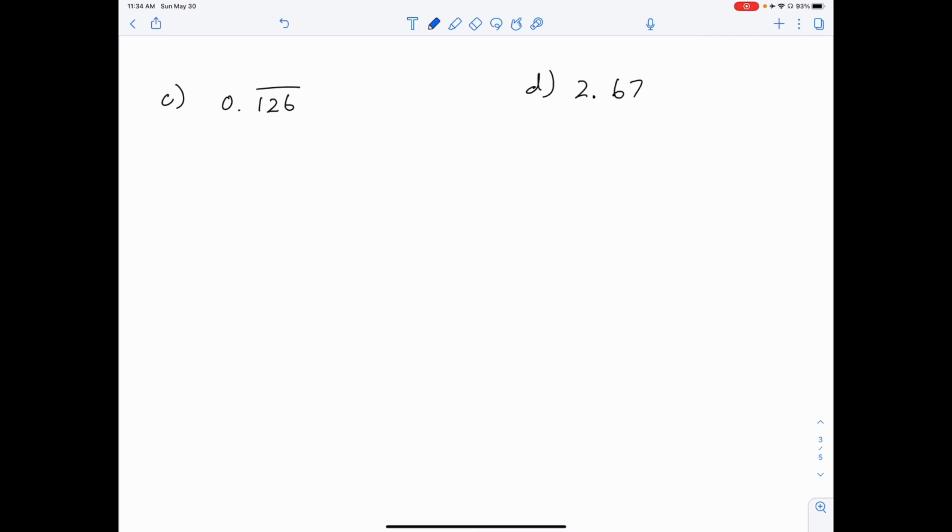But what happens if we have a repeating decimal? So 0.126, where 126 is constantly repeating as a pattern. So what it'll actually do is 0.126, 126, 126, and so on and so forth. In that scenario, again, we can try writing it out as a percentage.